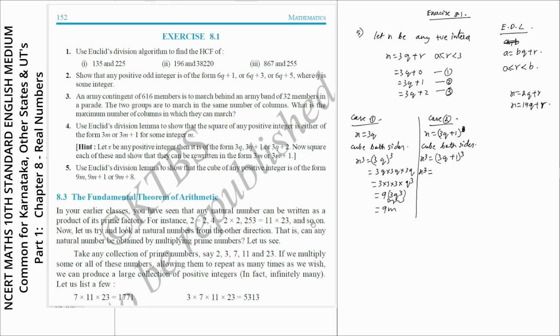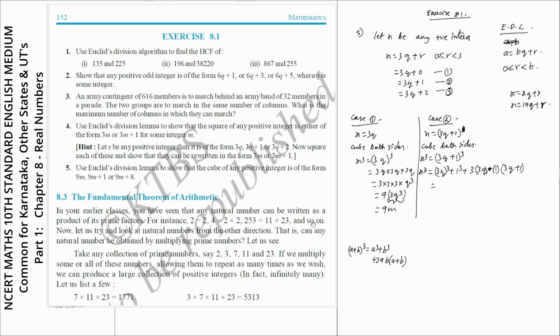What is the formula for (a plus b) the whole cube? This is given by a cube plus b cube plus 3ab into (a plus b). Now using that formula, expand this one: (3q) the whole cube plus 1 cube plus 3ab, that is 3 into 3q into 1 into (a plus b), that is 3q plus 1.